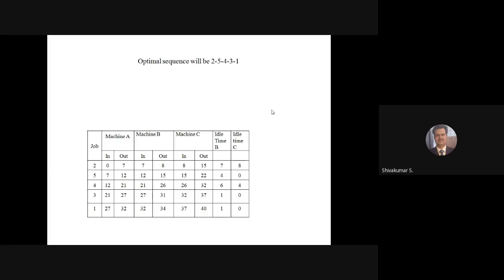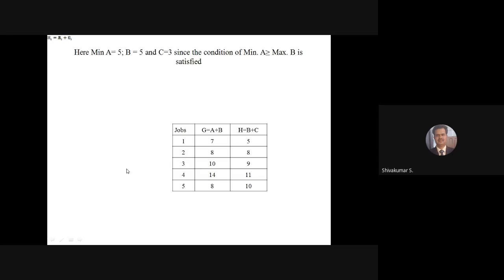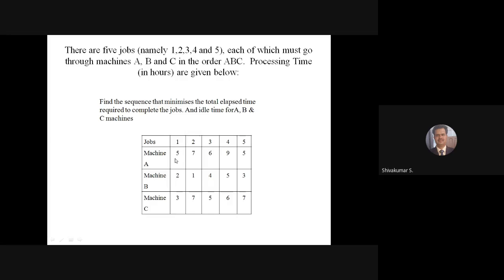Okay, you have job sequence 2, 5, 4, 3, 1, machine A, machine B, machine C, and idle time for B and C. Start with job 2 now. Job 2 in 2 minutes, out 7 minutes.